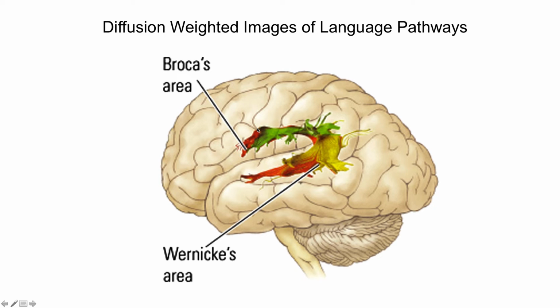This is a pathway between Broca's and Wernicke's area, which is very important for speech, and it is created with DTI tractography. Here every pathway is a different color, so you see technically three pathways from Wernicke's area all the way to Broca's area.